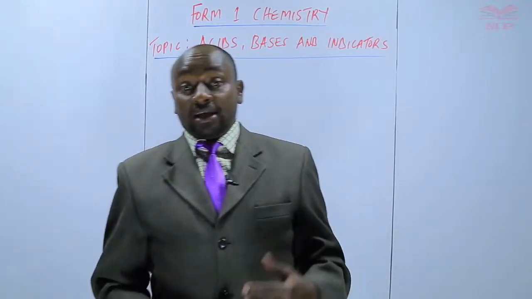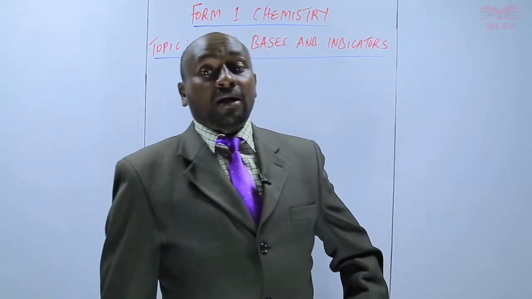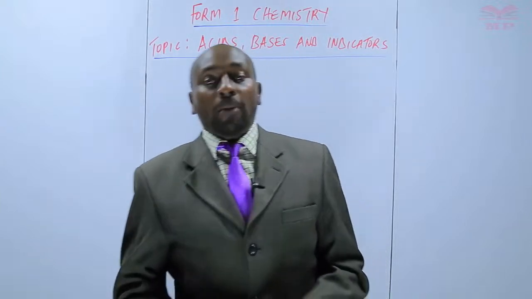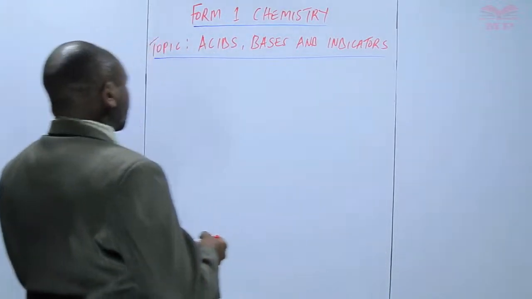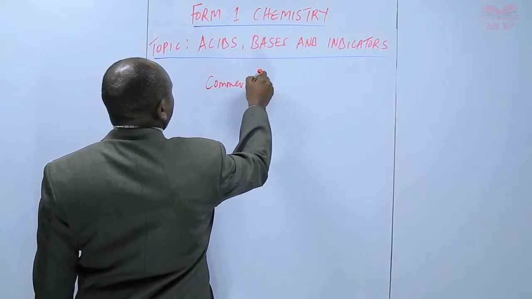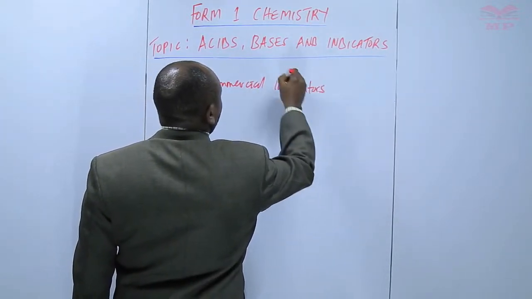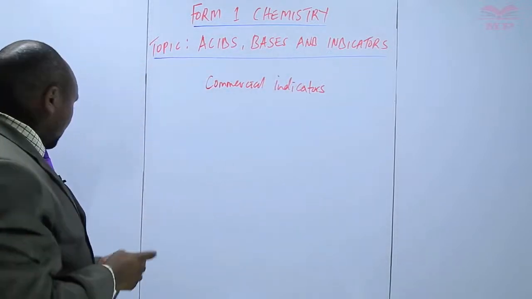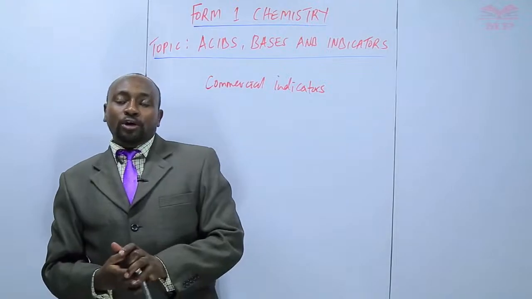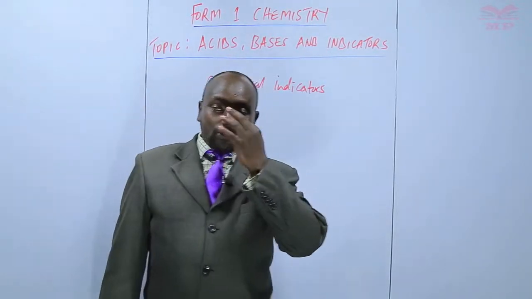And we saw the disadvantages of those indicators obtained from plant extracts, and that is now why there is need for commercial indicators. So commercial indicators give consistent results. They can be stored for a long time for future use, and so on and so forth.